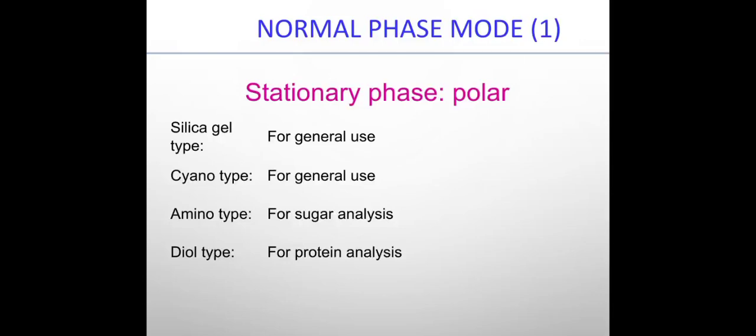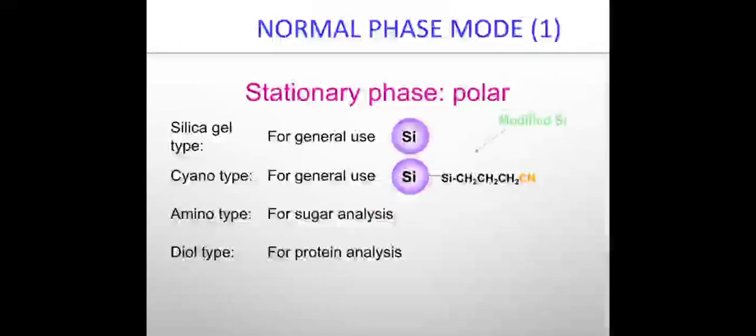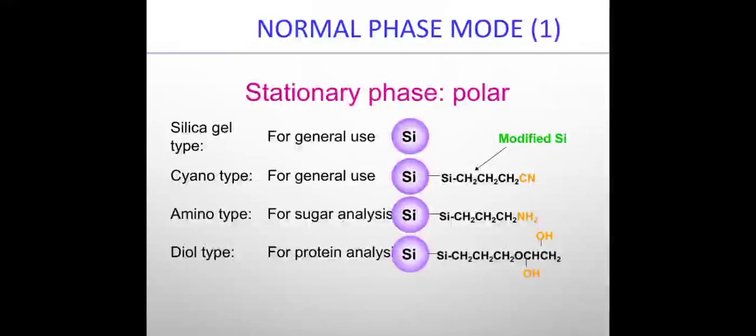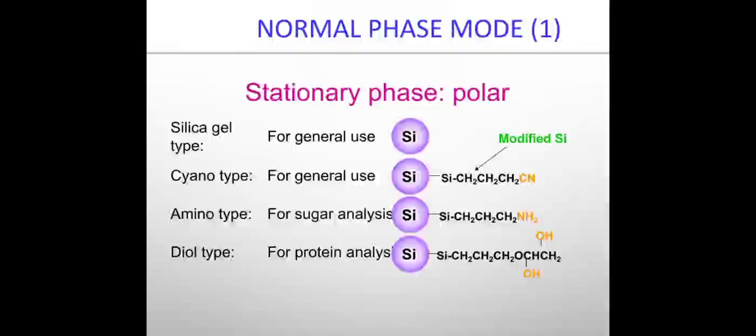All of these stationary phases are polar in nature. So, for general purpose, we use silica gel. For cyano, we use modified silica gel. For sugar analysis, we use the amino type, and for protein analysis we use a diol type.